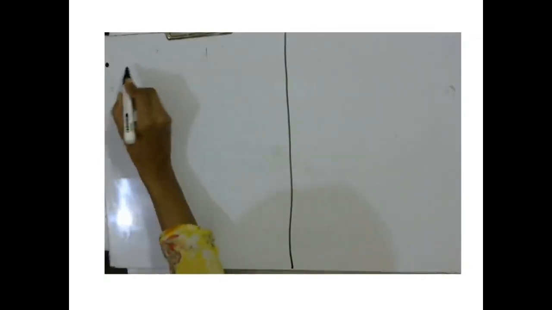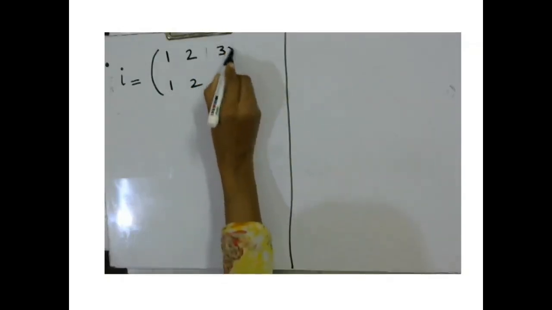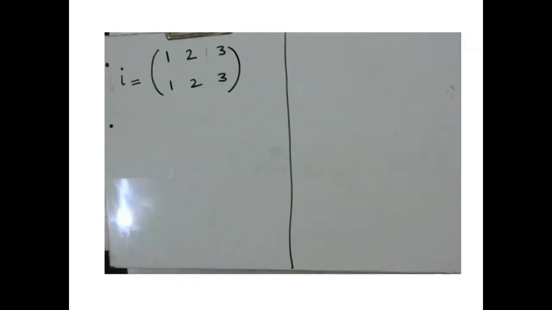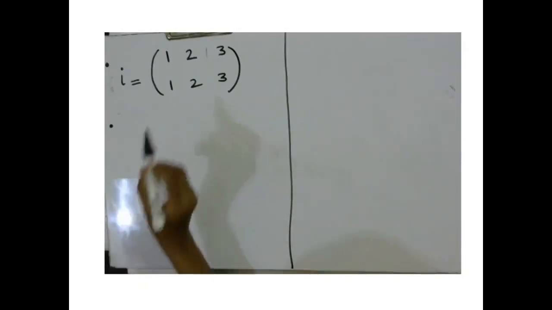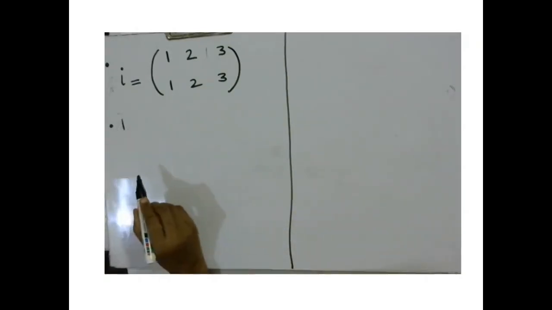So the first element is obviously the identity permutation. Let me call the identity permutation by the symbol I. So 1 will go to 1, 2 will go to 2, and 3 will go to 3 under the identity permutation I. Now let us see, when we fix sigma of 1, what are the choices for sigma of 2 and sigma of 3.